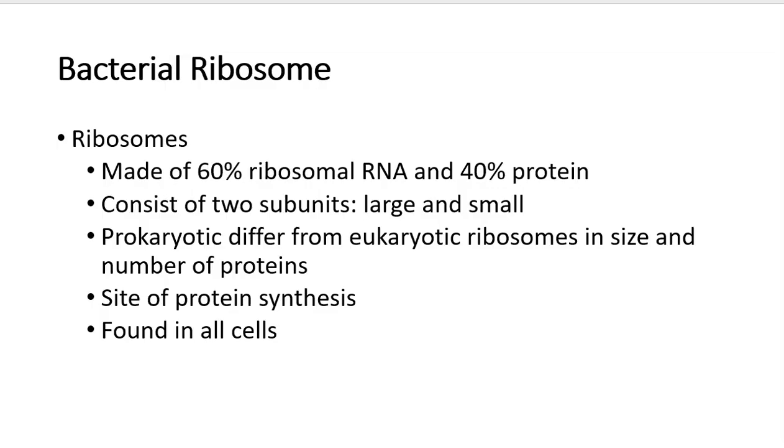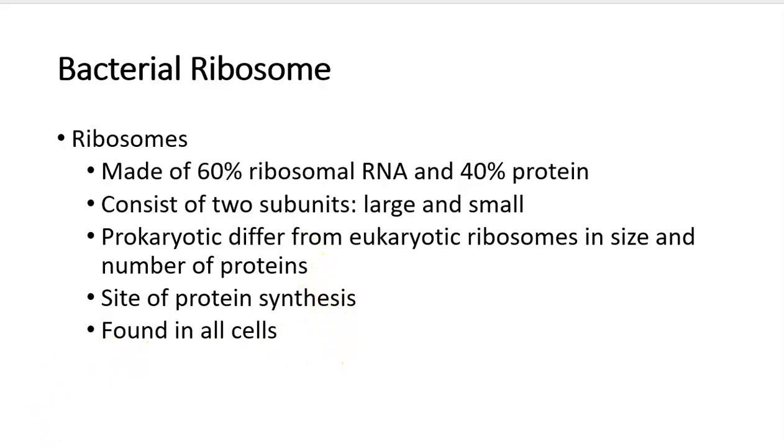Okay, the ribosomes of a bacteria are smaller than our ribosomes. Okay, they have 2 subunits, and prokaryotic cells differ from eukaryotic cells in the number of proteins and in the size. But ribosomes in the bacteria are the site of protein synthesis, just like the ribosomes in the eukaryotic cells.